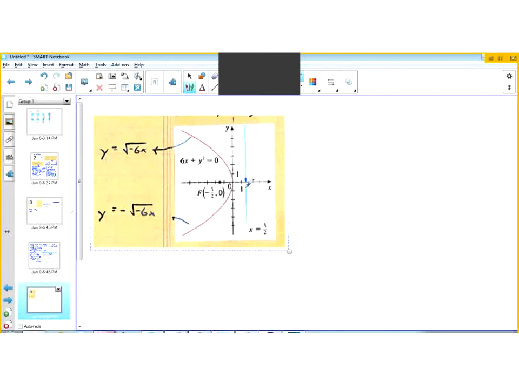So here's 6x plus y squared equals 0. Here's your directrix, x equals 3/2. Here's your focus at (negative 3/2, 0). And so for any point on the parabola, the distance from the point to the focus is the same as the distance to the directrix. So these two distances will be the same for any point.